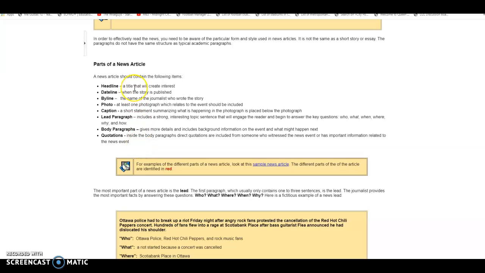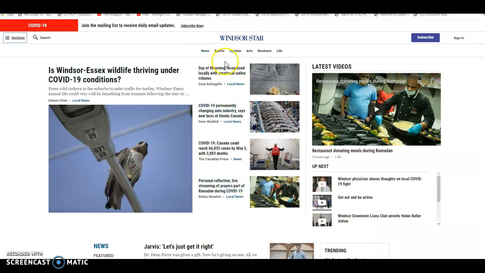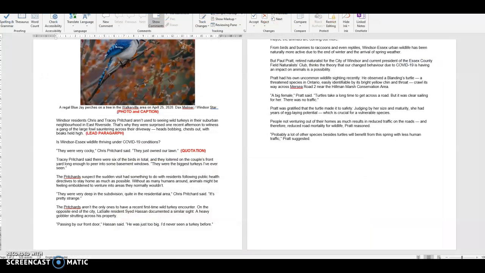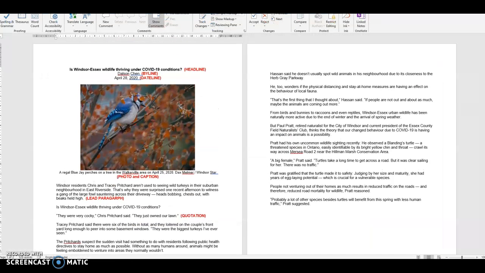If you were to pick up any article in a newspaper or a magazine, or look at any article, say again on the Windsor Star website here, you're going to find all of these different parts. Just to show you an example, you can click on a sample news article, and this is what you'll see. This is an example of a recent Windsor Star article.